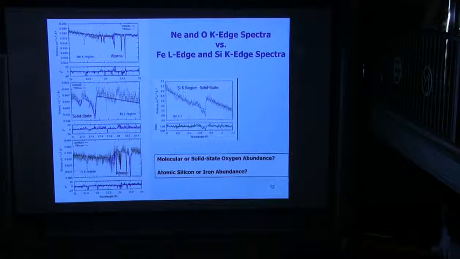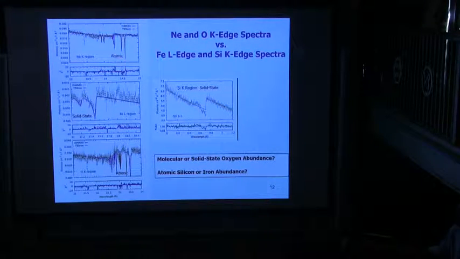What if we look at the spectrum more generally, such as in the iron L region or in the silicon K region? Without even being an expert in atomic physics or spectral modeling, it's quite obvious that this neon or oxygen spectrum looks qualitatively much different from the iron or the silicon.